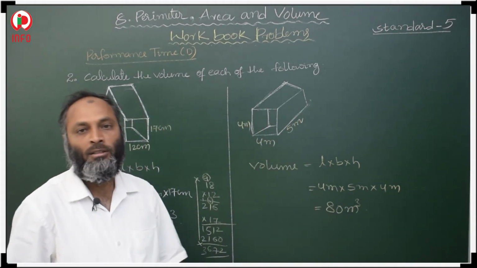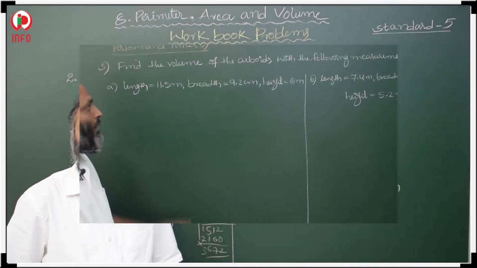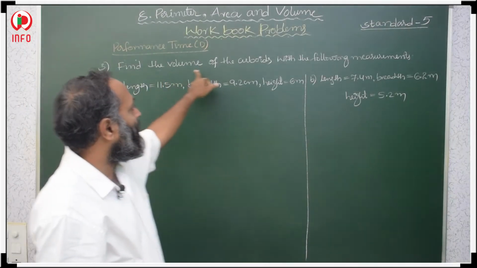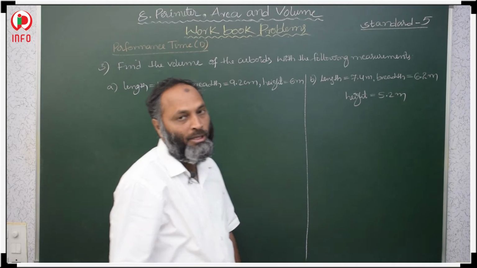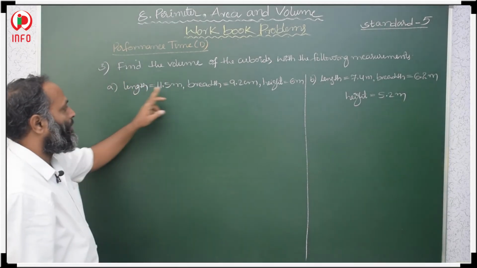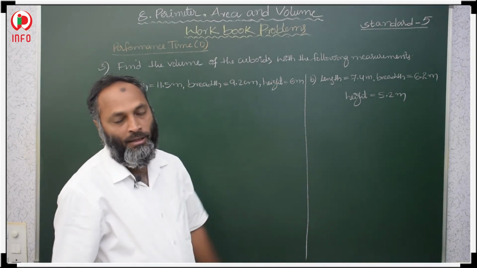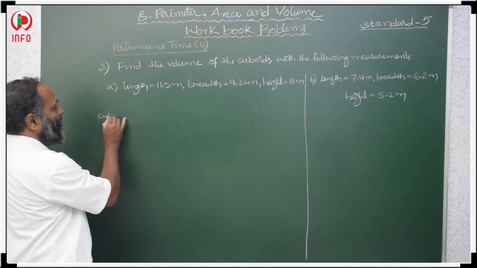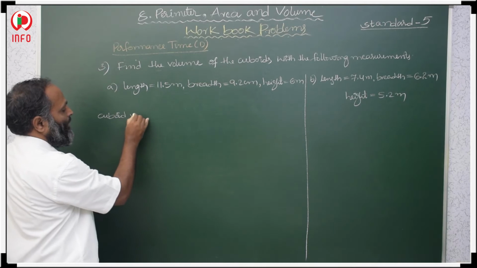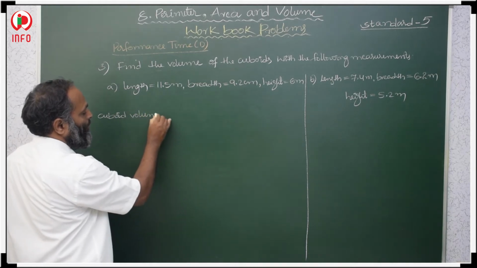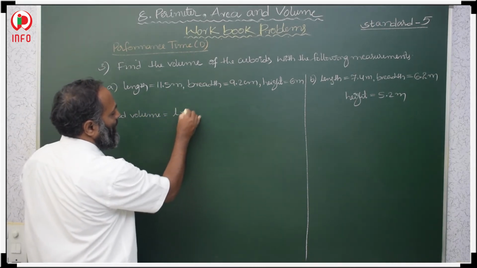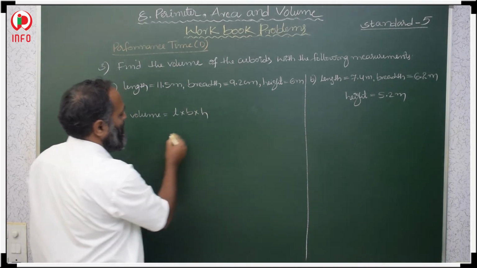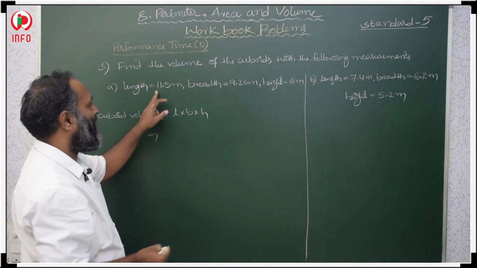Now, in the third, find the volume of cuboids with the following measurements. Cuboid length, breadth, and height are given, so we have to find the volume. Cuboid volume is equal to length into breadth into height. What is the length here?